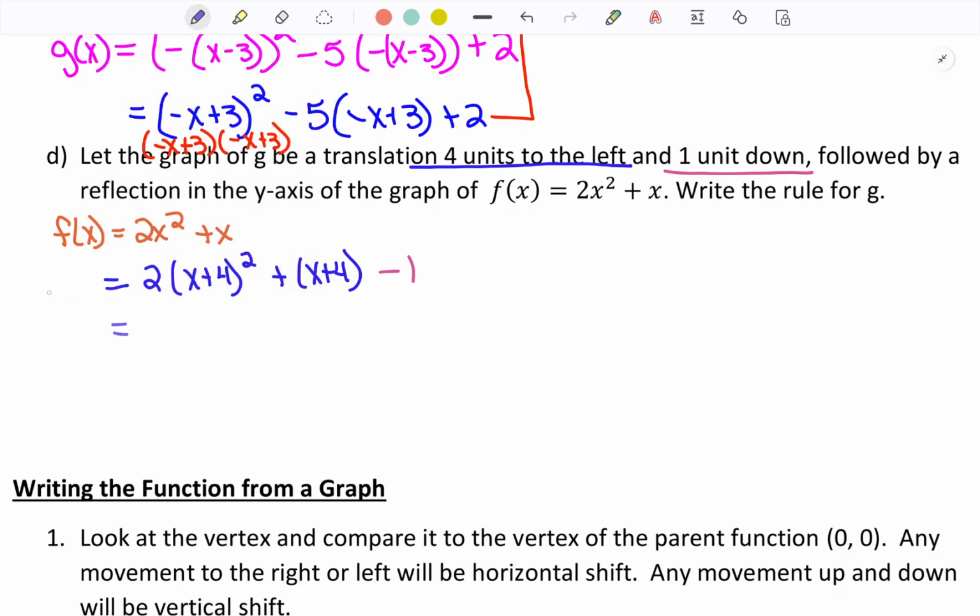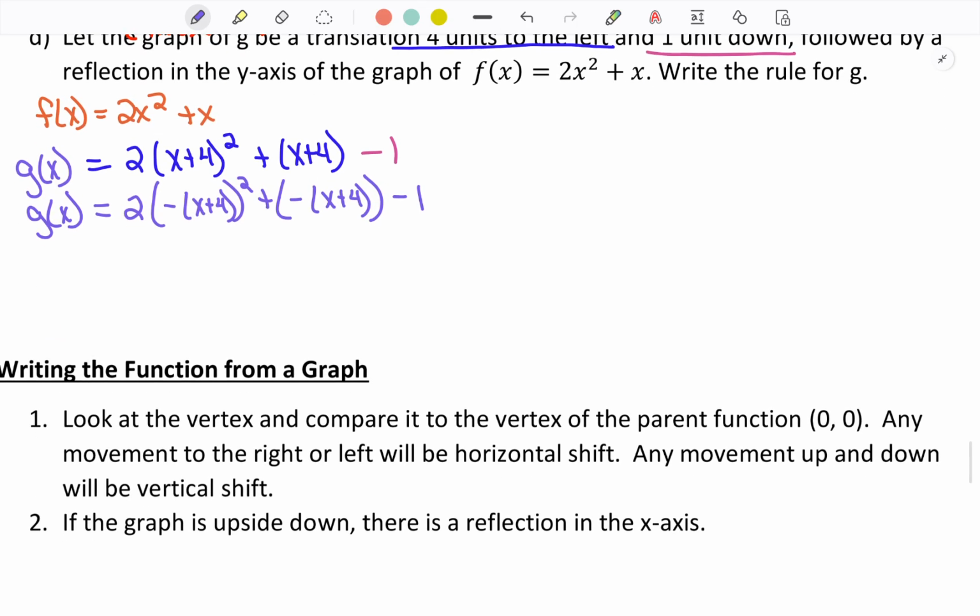So we're going to have 2 times (negative x plus 4) squared plus (negative x plus 4), and then minus 1. So we have 2 times (negative x minus 4) squared, and then plus negative x minus 4 minus 1.